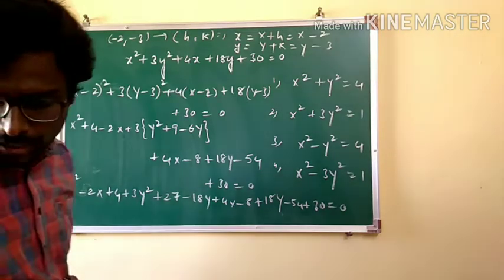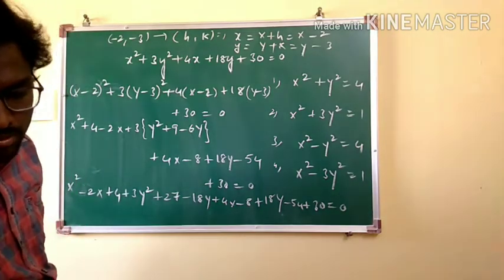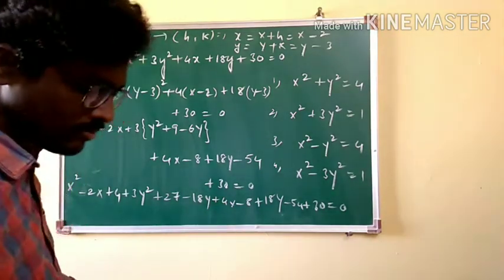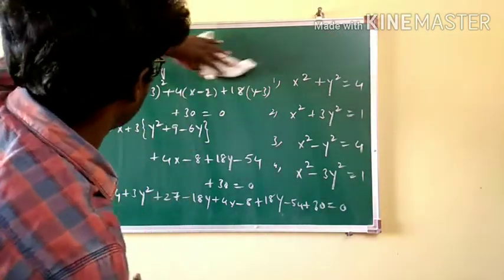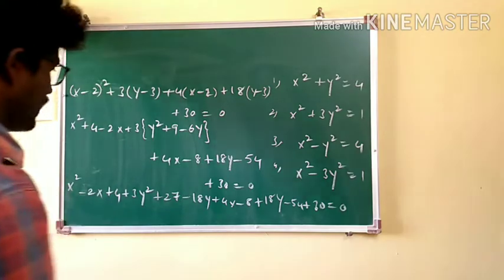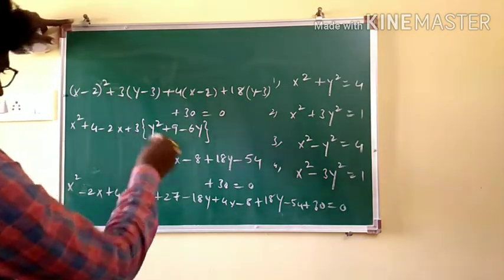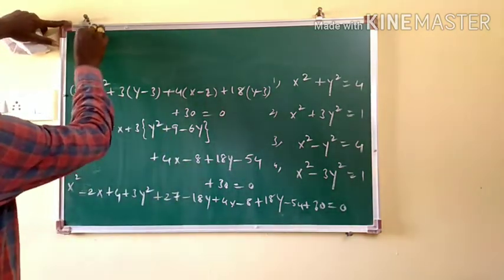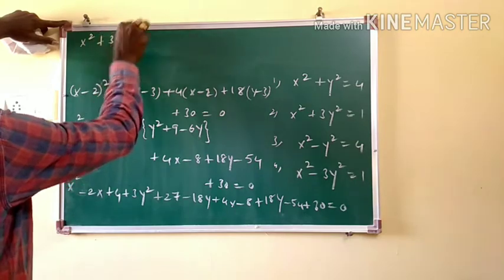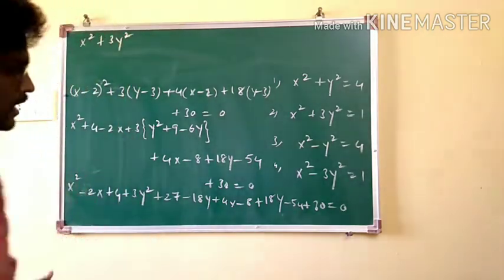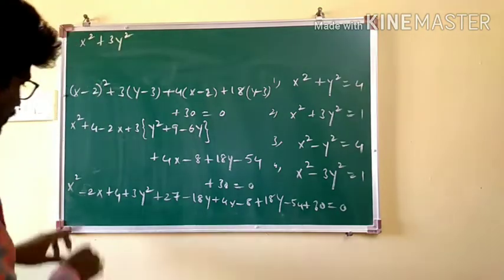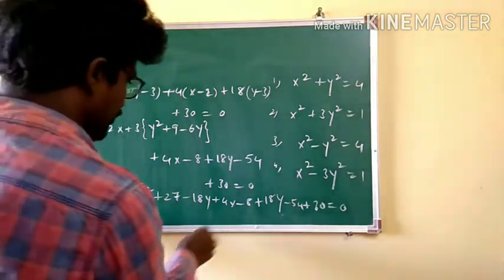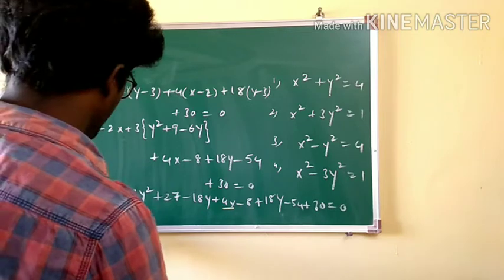The long expression what we have got. So, x square terms, how many we have? Only one term, and 3y square only one term. So X square plus 3Y square. Very clearly, according to the options we are not finding any xy terms, that means they may get cancelled here.